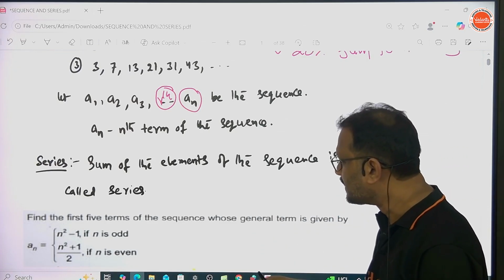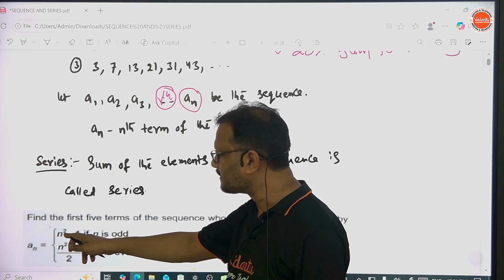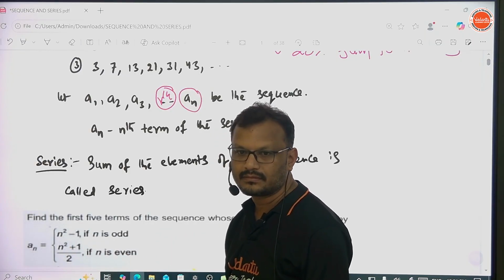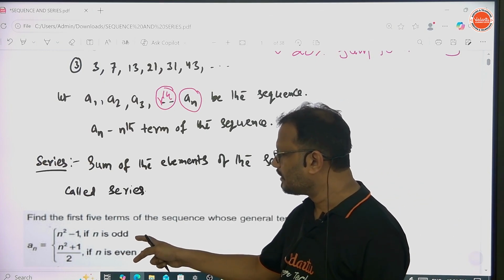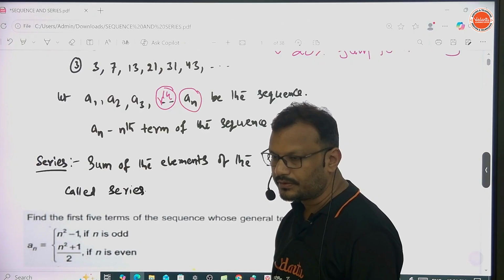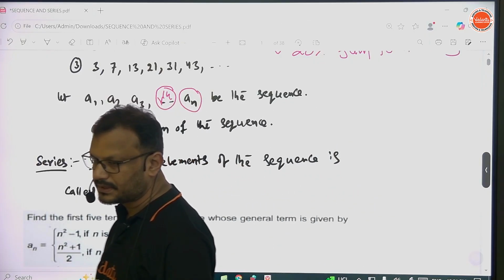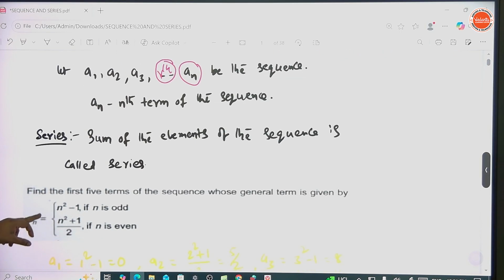If you are giving something different, n square minus 1, n is odd. I can give here n square plus n minus 1, whatever the different order is. So this is one kind of sequence. Out of that, this is the nth term. Now if you want to find the first 5 terms or whatever, you just have to substitute the n values in this. That's it. Fine, no? These are the basic things.